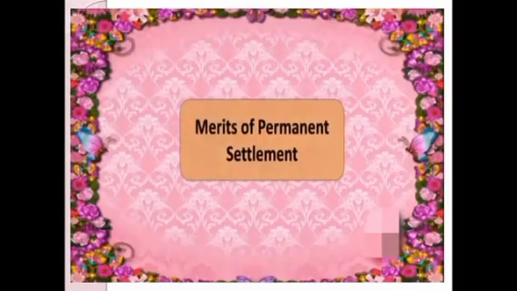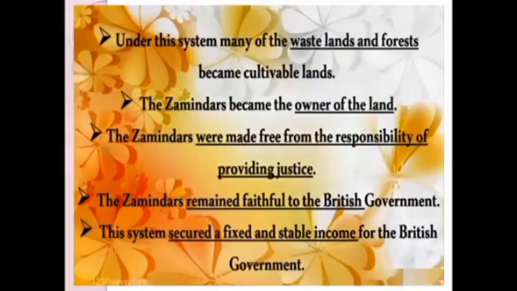Next, we are going to see merits of permanent settlement. The first merit is, under this permanent settlement, many of the waste lands and forests became cultivatable lands. The next advantage, which means merit, is that the zamindars became the owner of the land.